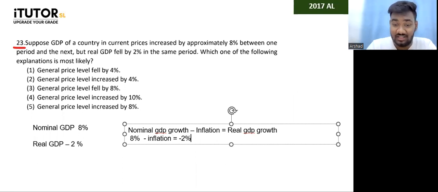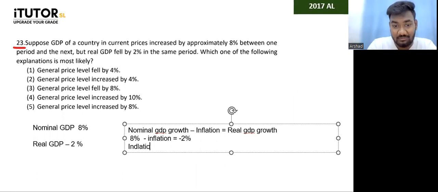So how much should our inflation rate be, guys? Or in other words, by how much should the prices have gone up? Work it around and tell me. So I'll take inflation to this side, minus 2% to this side. So our prices should have gone up by 10%. That is why even when nominal GDP increased by 8%, real GDP fell by 2%, our prices should have gone up by 10%.